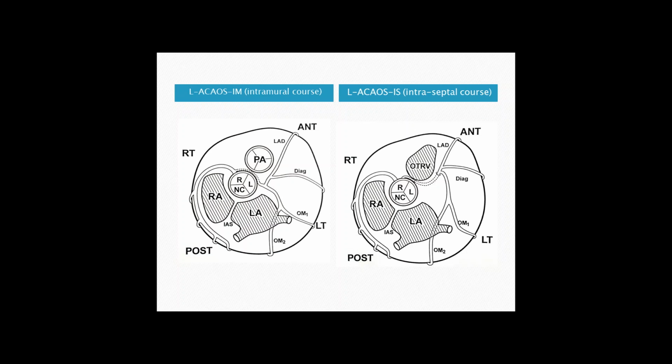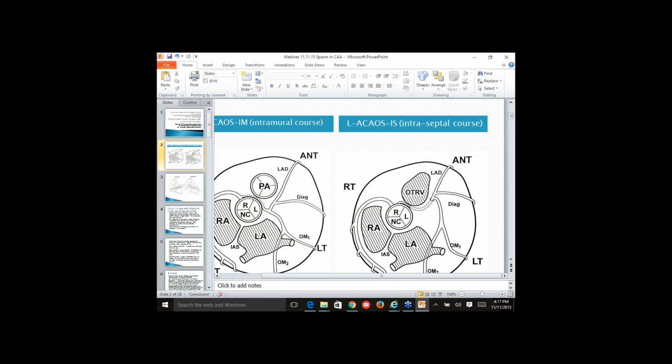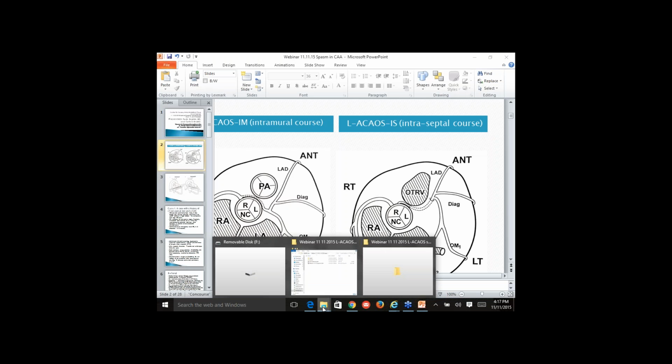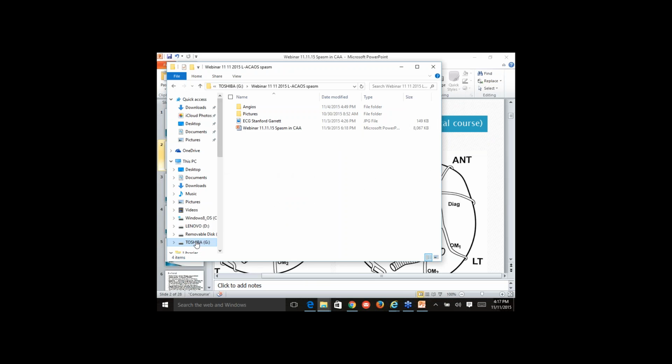The title, as you saw today, is the role of coronary spasm in patients with coronary anomalies. The introduction starts with a summary of the issues at discussion.